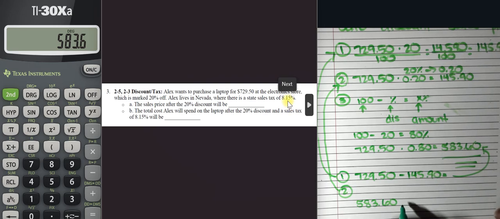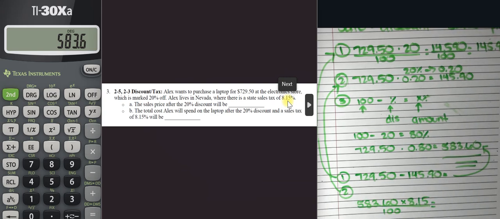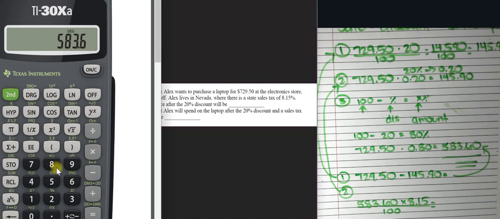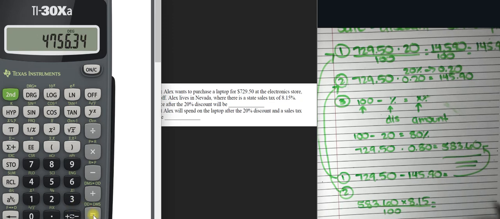So we could use method 1, multiply by 8.15 and then divide by 100. So let's see. We've got that times 8.15. And we come out with $4,756.34.